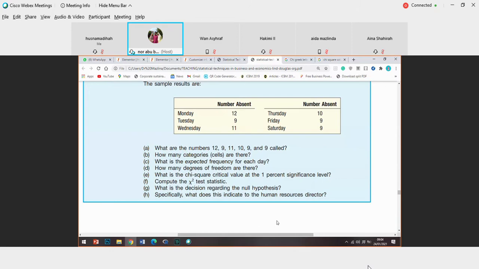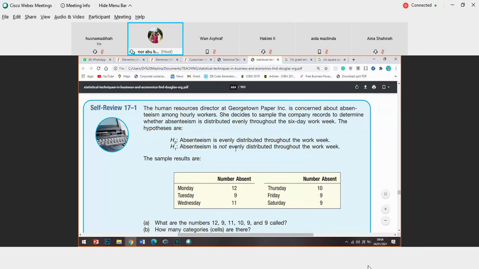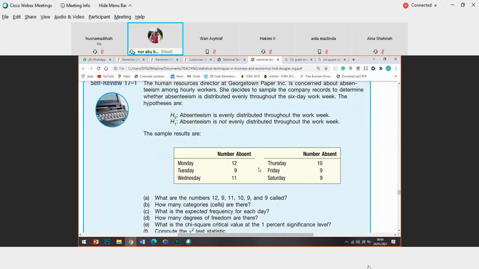Okay. Okay, now if you look at the question here, this is what chi-square can help you. That is to give a rough idea on whether, okay, in this case, whether absenteeism is evenly distributed. Sebenarnya kita nak tengok sama ada setiap group tu mempunyai jumlah yang sama ataupun tidak.